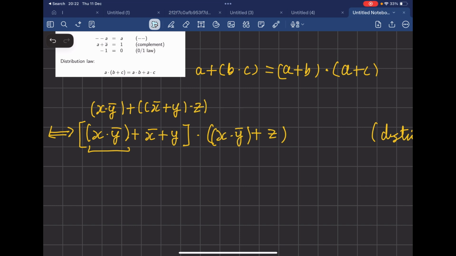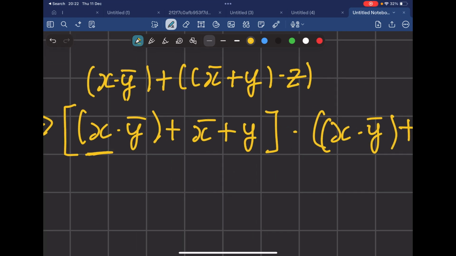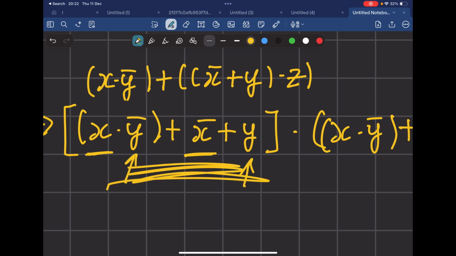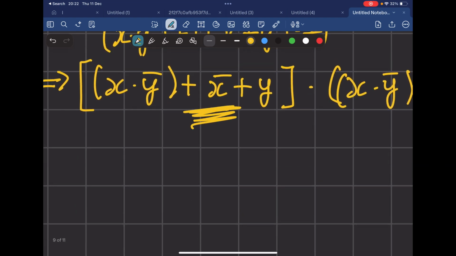Next thing to think about is that in this one term over here, we have x and not x, and we also have not y and y. And so we can probably do something with this term to get a situation where we have a negation.